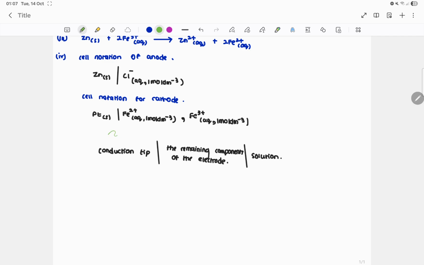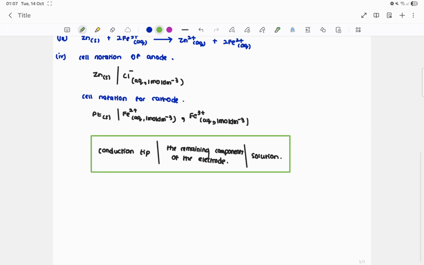So this is how you write it. You should follow this in order to write the cell notation for different electrodes.